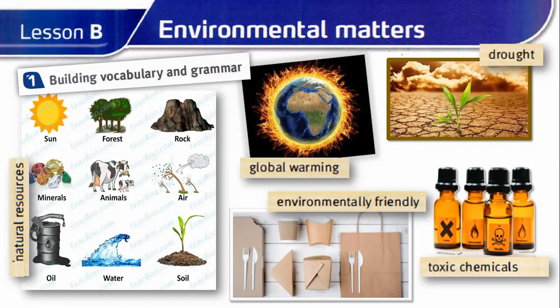But paper, or maybe fabric bags for shopping, is good because you are taking care of the environment, the plants and nature in general. Not exactly. You can have an environmentally friendly car. That car does not contaminate.